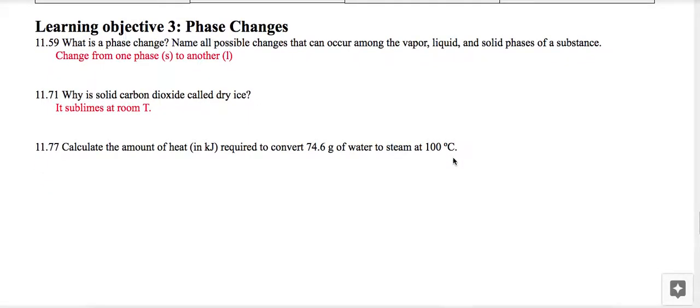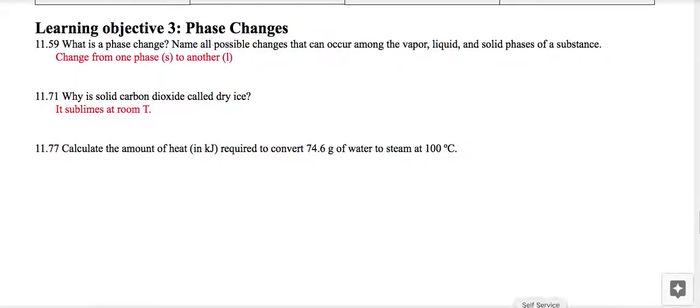Phase changes. This is our last learning objective for this one, I believe. So we have just these. And this will be a very important one, but also one that you're fairly familiar with. For example, we could come up with all the different names for the phase changes.